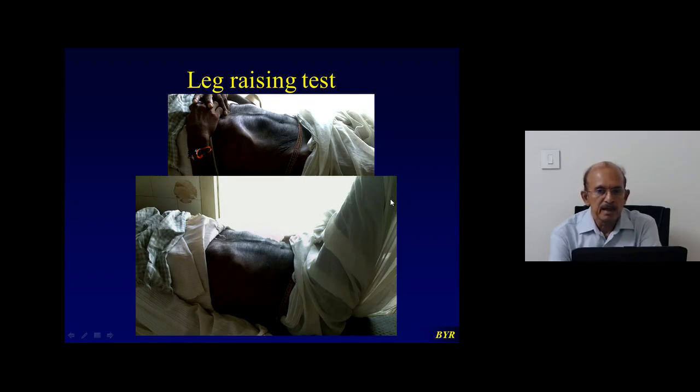The first picture is the patient keeping his legs flat on the table. In the second picture the patient has lifted the legs straight upwards. That's why his rectus muscle is more prominently seen. Is the lump seen more prominently or less prominently in the second picture?